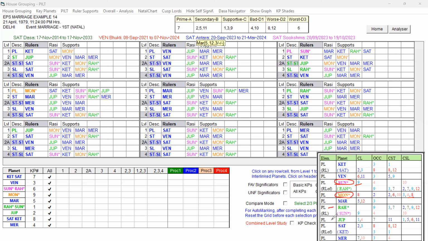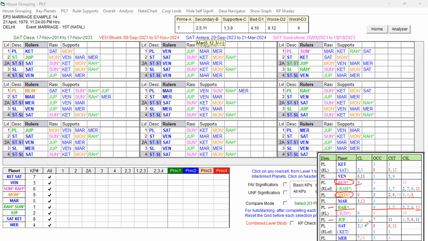Jupiter and Rahu are the only two planets getting the green color. Rahu is a free planet, 9th occupant, 3-7 star lord and 2-7-9 cuspal sublord. 12 sublord is fine, not an issue. The grouping of 3, 7, and 2, 7, 9 is very good.